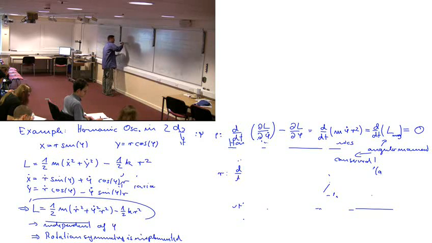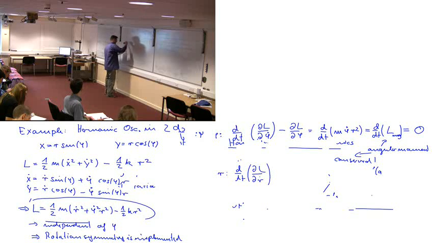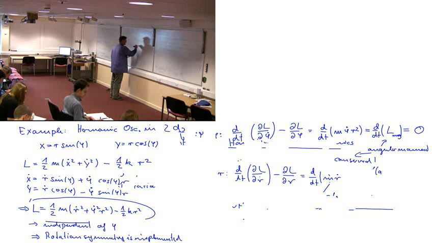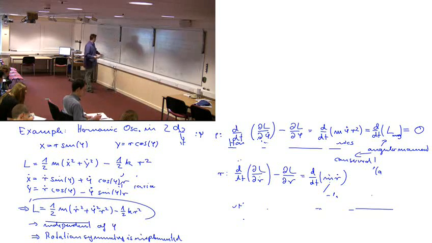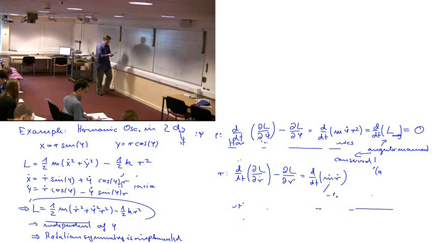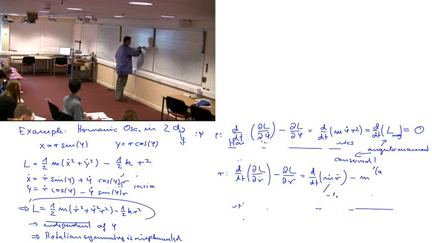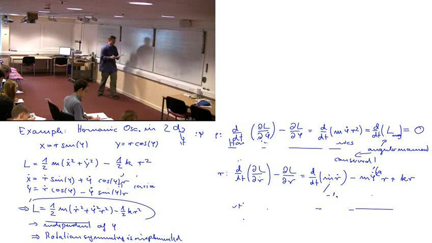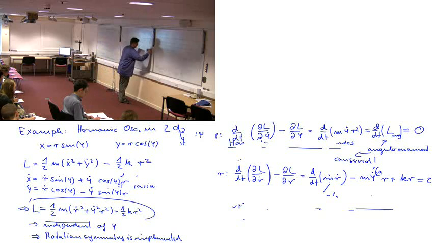And that's d dt, dL by dr dot minus dL by dr is equal to 0. We can simply plug it in. This first term minus m phi dot squared times r plus, and here the potential term, of course, plays a role as well, and this is equal to 0.